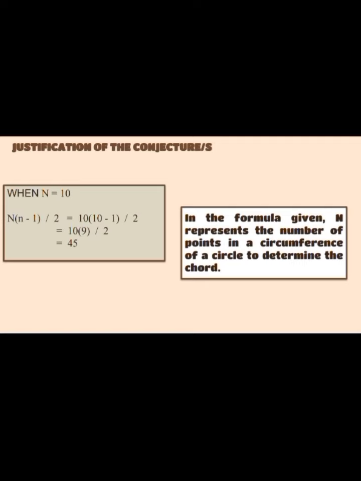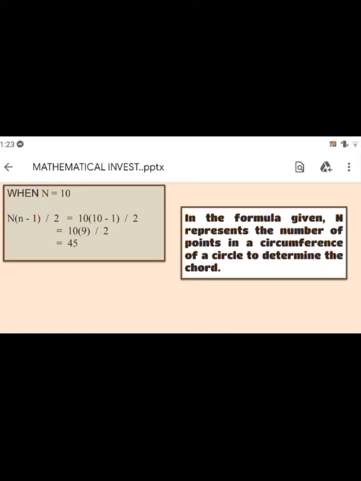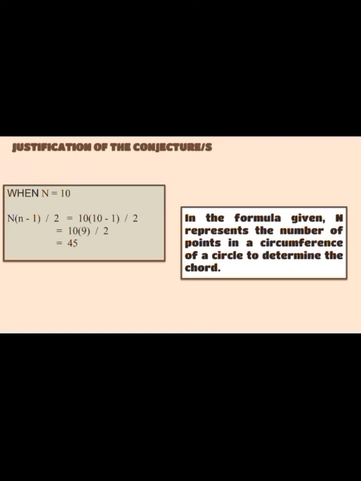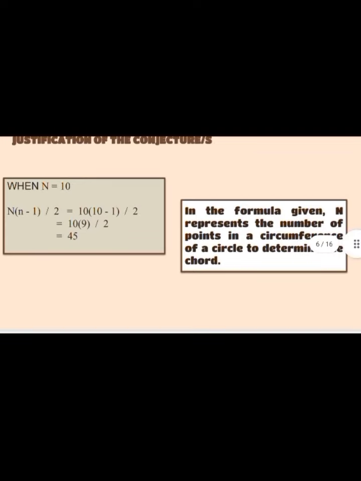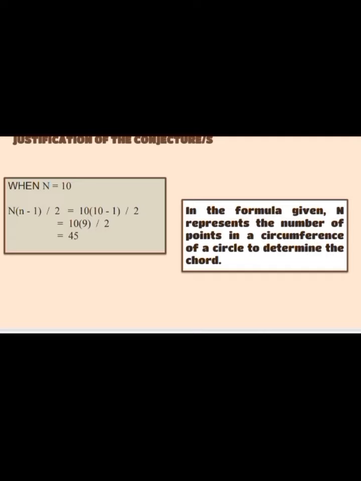So 10 times the quantity of 10 minus 1 divided by 2. 10 minus 1 is equal to 9, then 10 times 9 is equal to 90, divided by 2 is equal to 45. So we're going to prove that in 10 points, there are 45 chords.